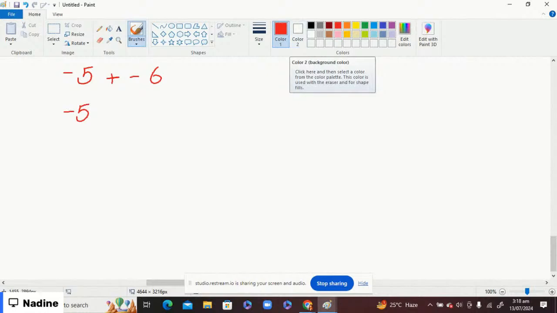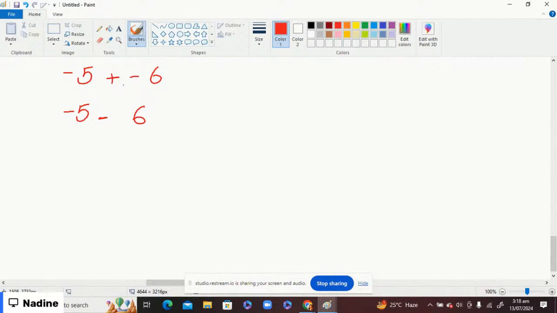It's minus. Okay, plus minus is minus, and then it's 6. When there are two minus signs, you tell me, are you going to add or subtract? Two minus signs, it's addition.